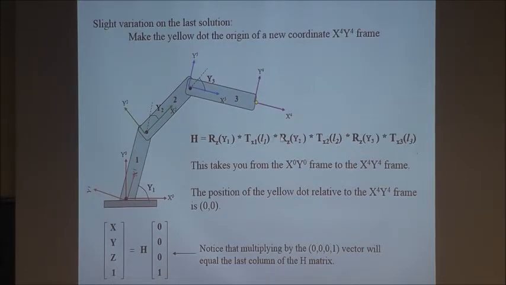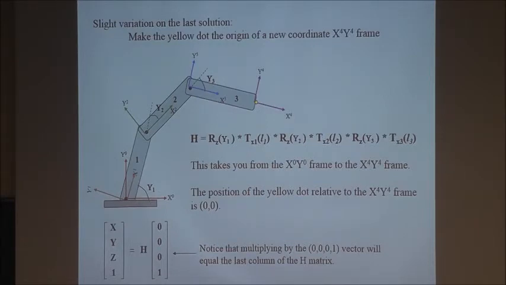And this is the complete homogeneous transformation of this yellow dot, the tip of your end effector in the real world, in real space, Cartesian space, with respect to the original. The position of the yellow dot relative to its own x, y coordinate is of course 0, 0. It's sitting on its own coordinate origin.